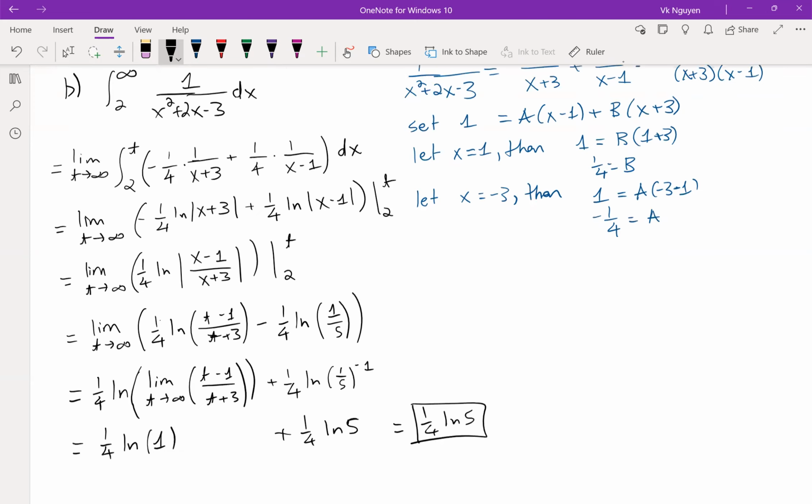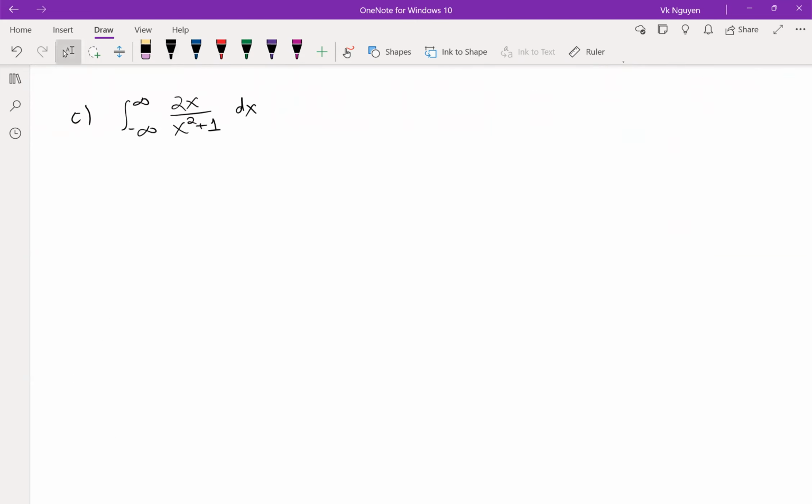Let's take a look at another example. In this example, we have the integral of 2x over x squared plus 1 dx going from negative infinity to infinity. So in order to evaluate such an integral, we have to break it into two integrals.